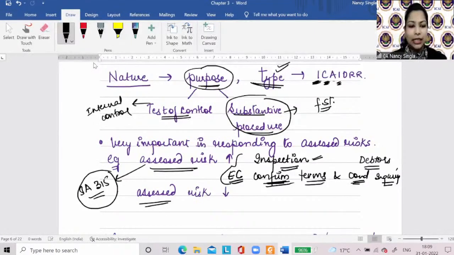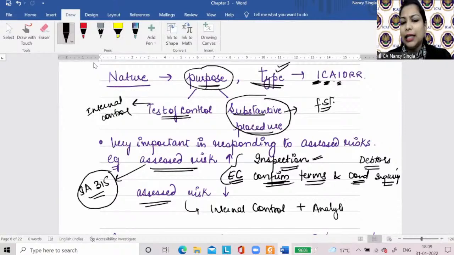Now let us take another example. Let's say the assessed risk is low, right? So the auditor may, after applying his professional judgment, decide that the assessed risk is low. What I'll do, I'll check the internal controls, and thereafter I'll not do the checking in detail. I'll perform certain analytical procedures.